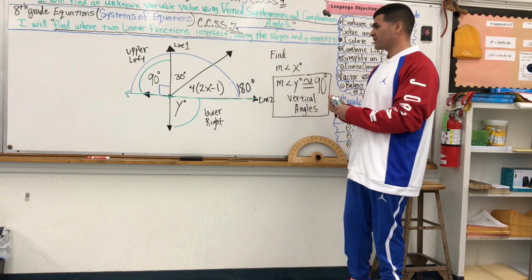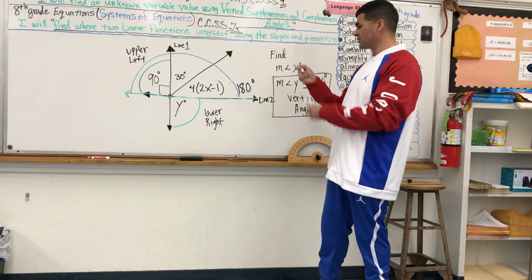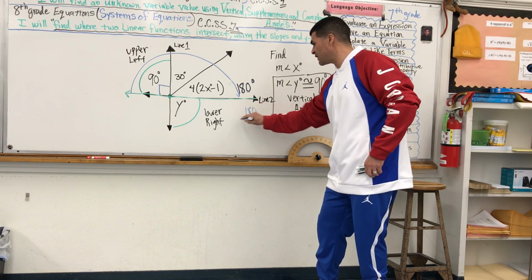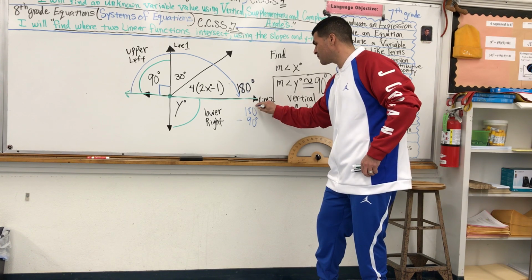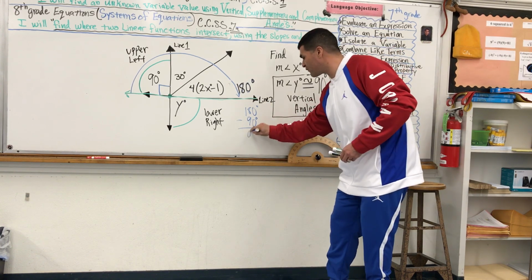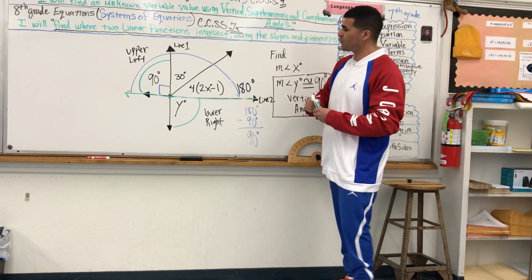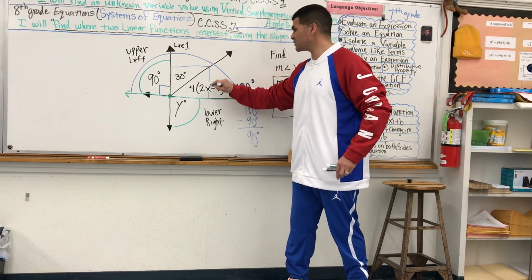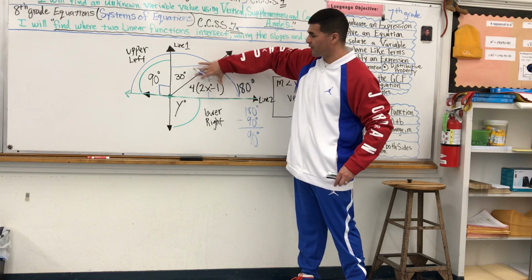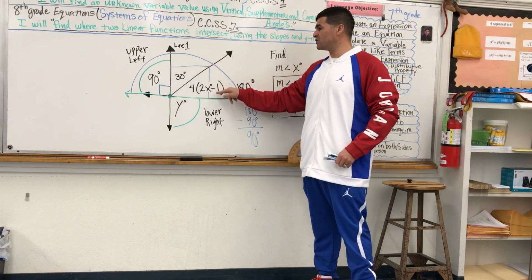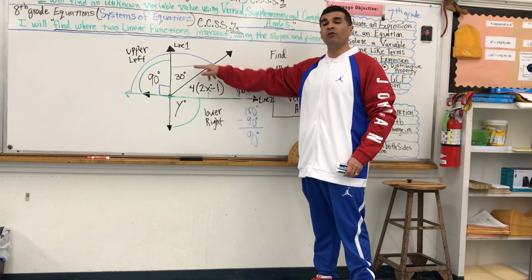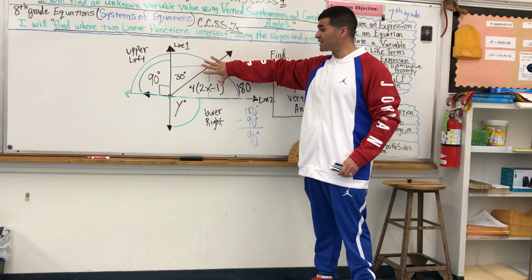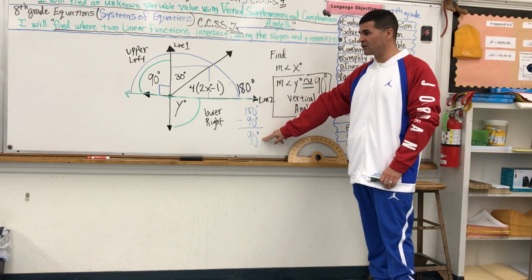Well, let's think here. If we only have 180 degrees total, 180 minus 90 degrees means we only have 90 degrees left over. So this must be another 90 degrees right here. So what do we know about these two adjacent angles? If we add them up, they must have a sum of the other 90 degrees.